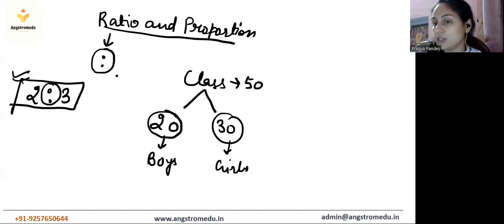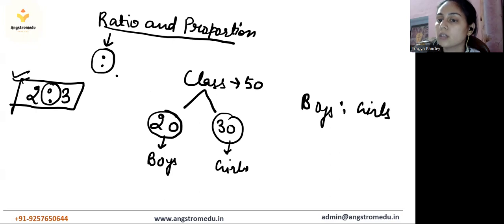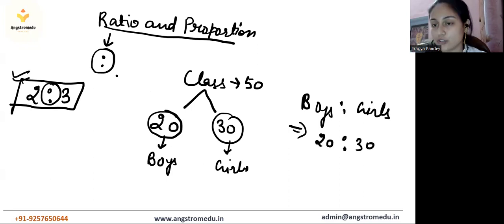So if I ask you what is the ratio of boys to girls in the class, you will say that 20 is to 30 is the ratio.